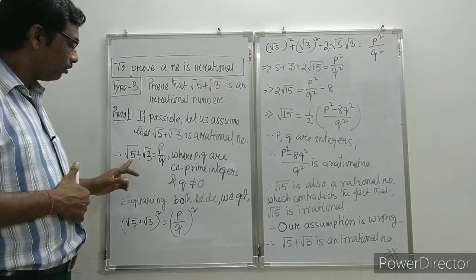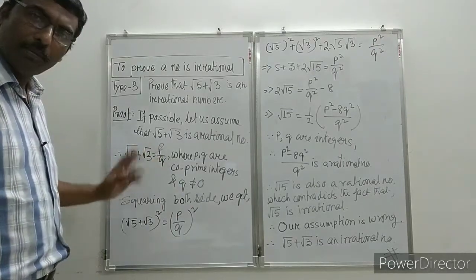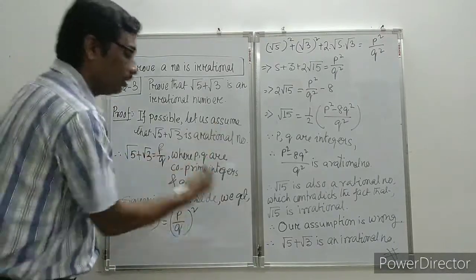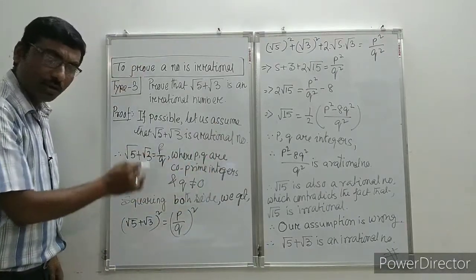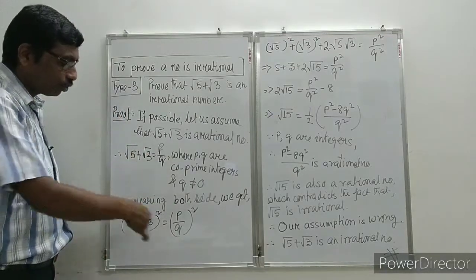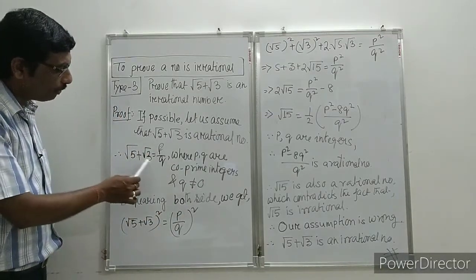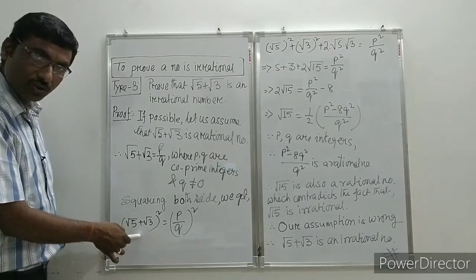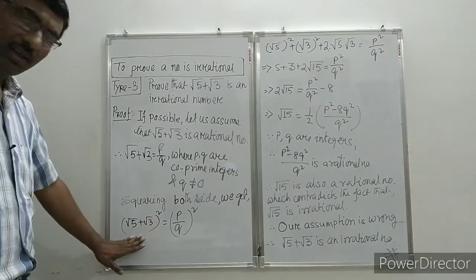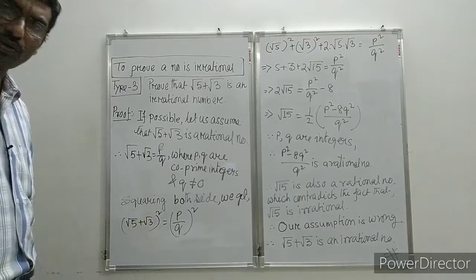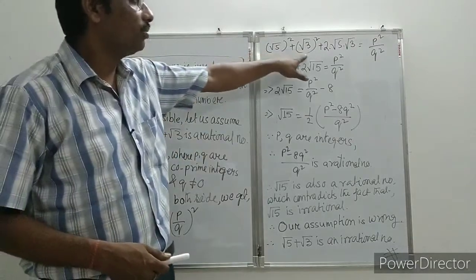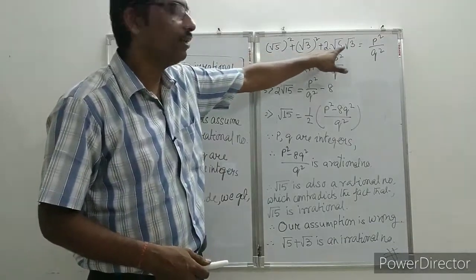So writing, therefore root 5 plus root 3 equal to p by q, where p and q are co-prime integers and q not equal to 0. Then we will square both the sides. On squaring both the sides, it will become (root 5 plus root 3) whole square is equal to (p by q) whole square. Now it is in the form (a plus b) whole square. So the (a plus b) whole square formula we know: a square plus b square plus 2 into a into b.